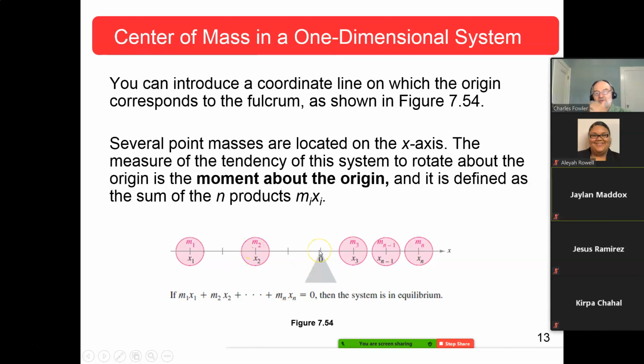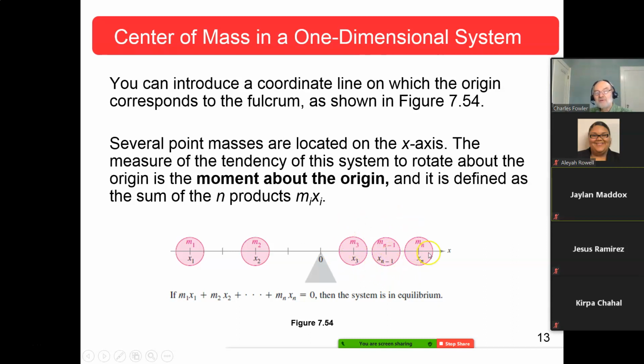Those, when you set them, well, you don't know that they're equal, but if you were doing this, you'd have to decide. If this is going to be negative this way, then this would be m1 times a negative number, whatever x1 is, plus m2 times its negative number, x2, plus m3 times its positive x3, because that's to the right of the origin, and then if you had m4, m5, whatever, you just keep adding the masses times the displacement.